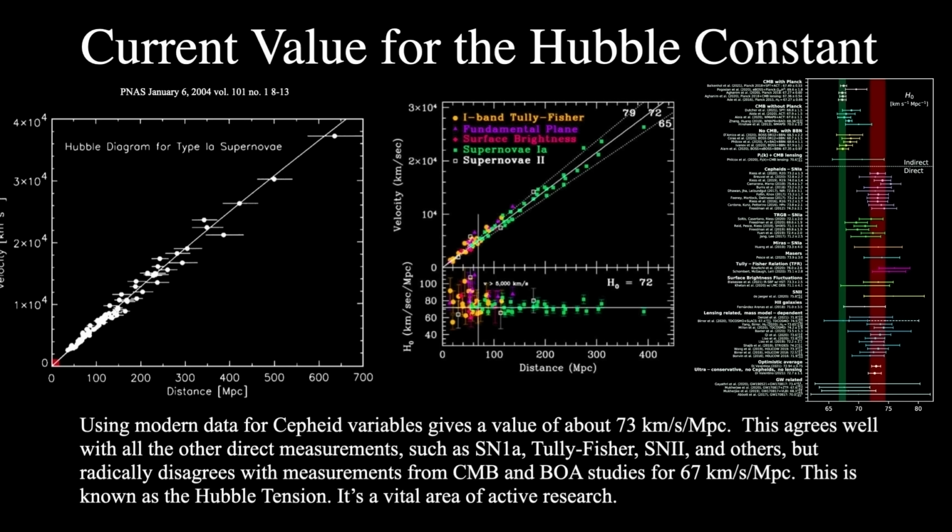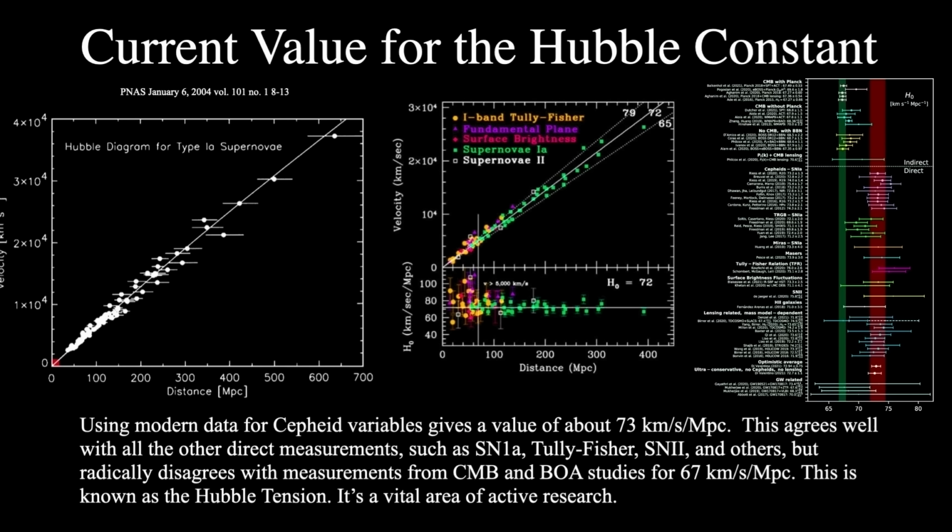So modern data for Cepheid variables gives a value of about 73 kilometers per second per megaparsec for the Hubble constant. And this agrees well with a lot of other direct measurements, such as type 1a supernovae, Tully-Fisher, which is a relationship between the brightness of a spiral galaxy and its rotation rate, type 2 supernovae, and other measurements.